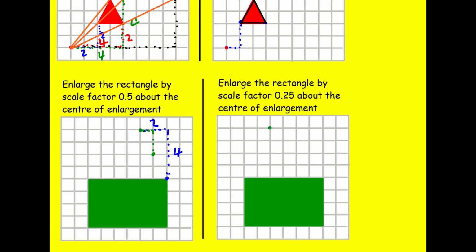I can then, if I'm feeling confident, probably draw the rest of the shape. Because instead of it being 6 in length, I'm going to divide that by 2, it's going to be 3 in length. And instead of being 4 in height, divide that by 2, it's going to be 2 in height. And that is my shape coming out straight away. Just going to check a point. So let's go with bottom left. Right, for bottom left, where's my center of enlargement gone? There it is.